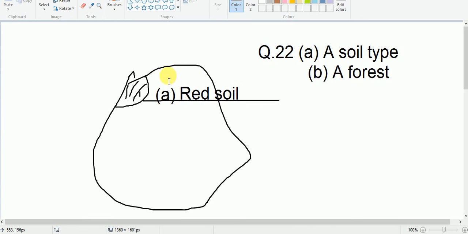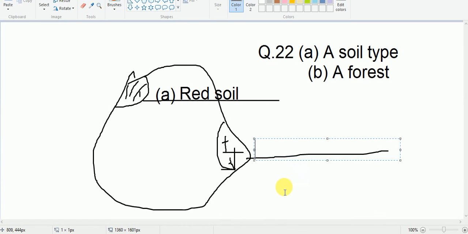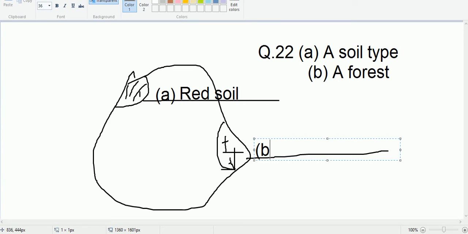In the other case also, you have to follow the same step. Another line is drawn here, and here is B. In this case also you have to write the answer along this line. Let us say this forest is a mountain forest. This is just an example.